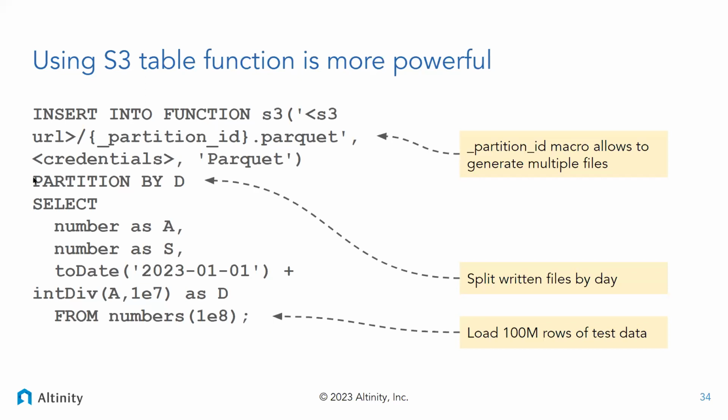And you can see there's a partition clause here that tells how we're going to split it up. Our data is partitioned by days, as it already happens in the previous example, so it's just going to split up the data and build separate files for it. So the S3 table function is better for insert.